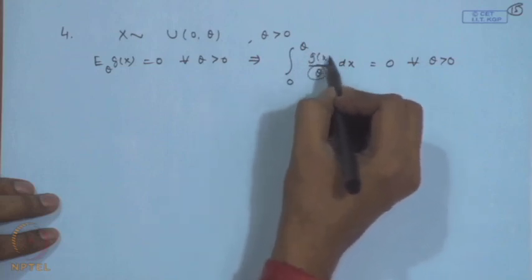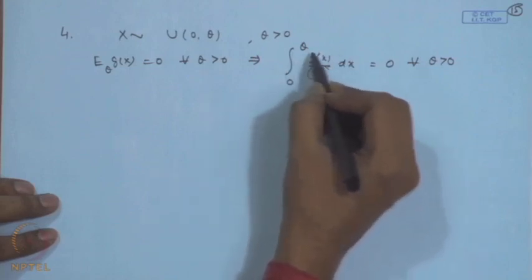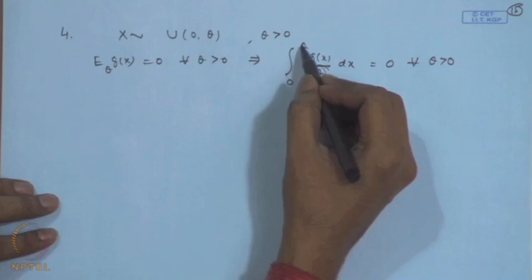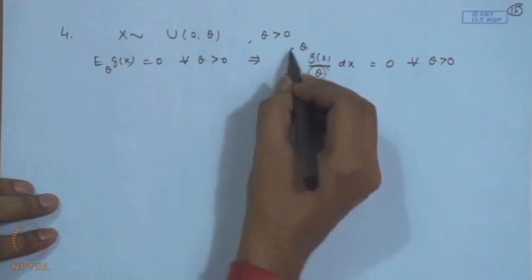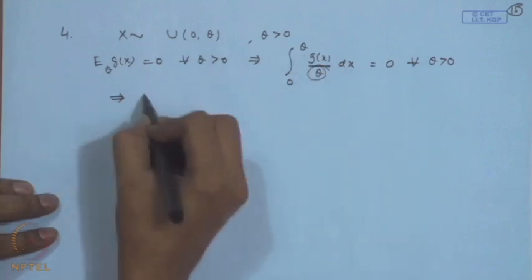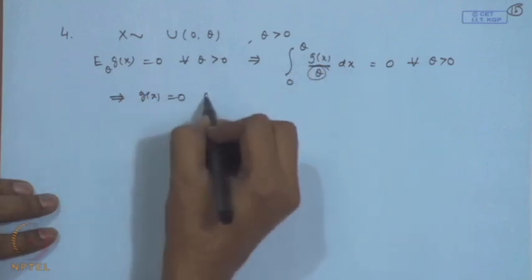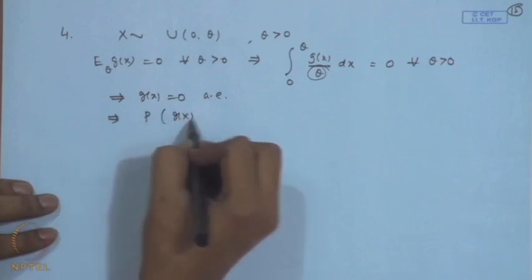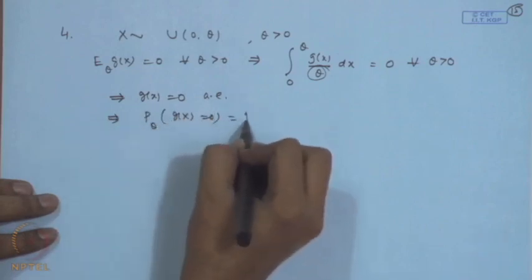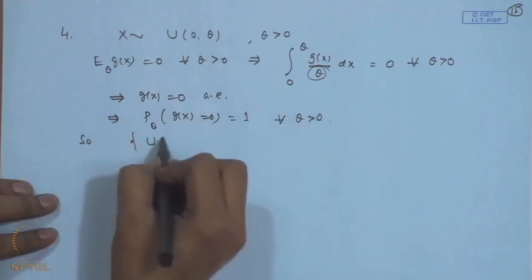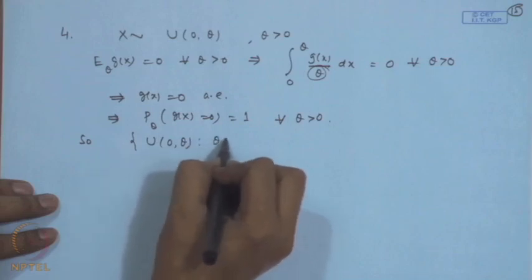So, what we are saying is that the integral of g(x) is 0 over all the intervals of the form (0, theta). Therefore, using the Lebesgue integration theory, we can say that the function g(x) itself is 0 almost everywhere. That means, probability that g(X) is equal to 0 must be 1 for all theta. So, the family of uniform distributions is also complete.